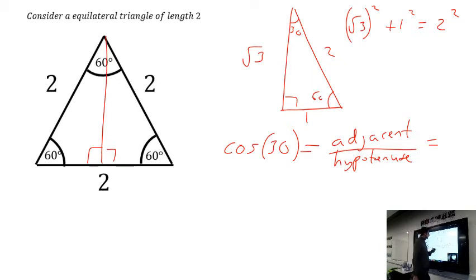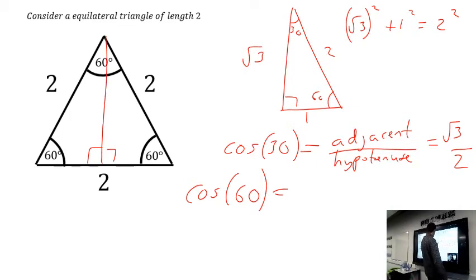The adjacent is square root of 3. And we have the hypotenuse, which is 2. Then we can look at cosine 60. Cosine 60 is the adjacent, which is 1, and we have the hypotenuse, which is 2.